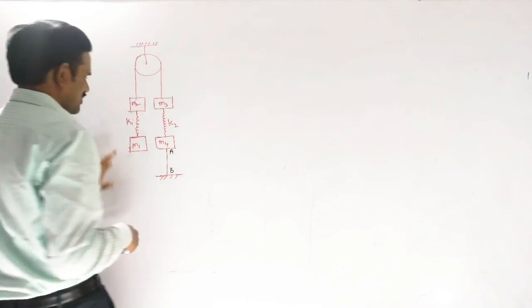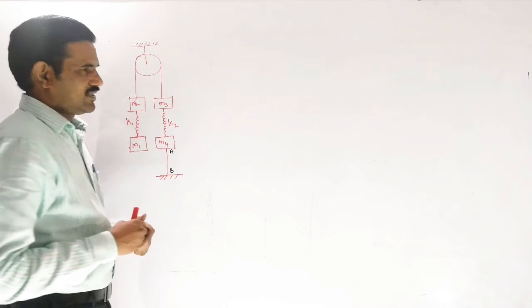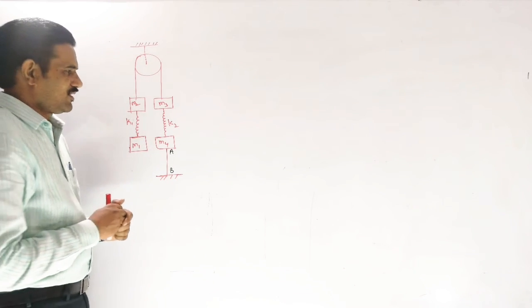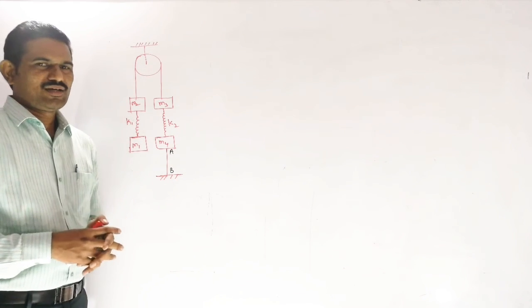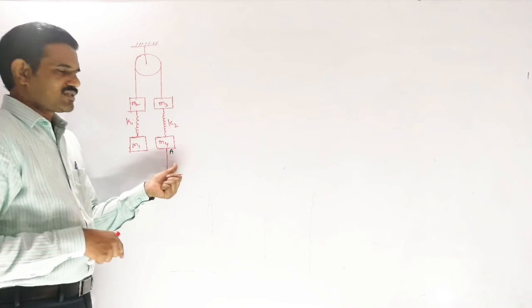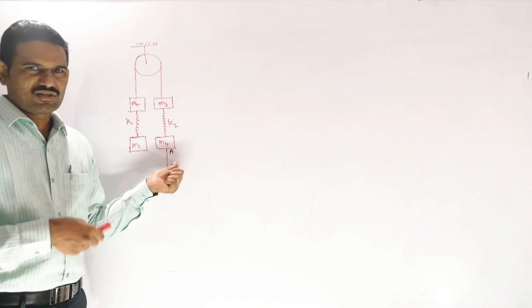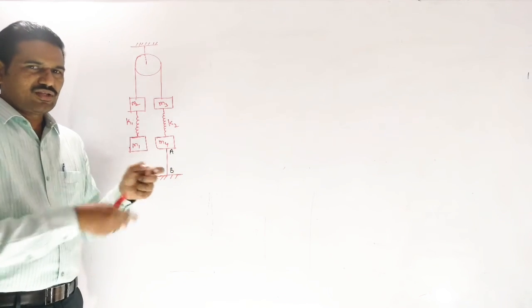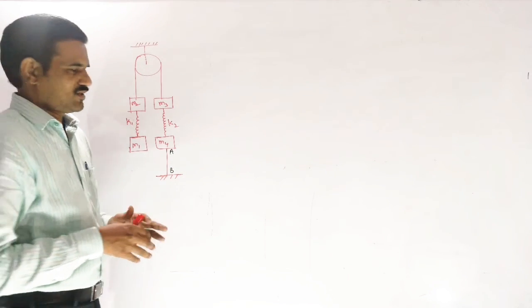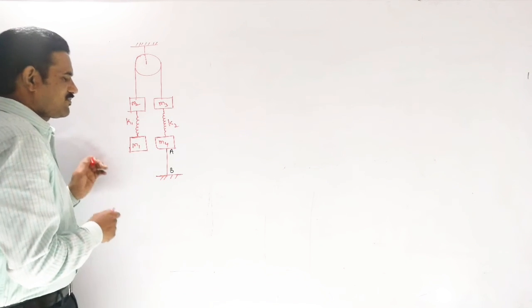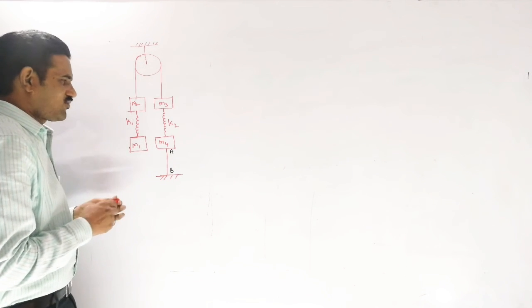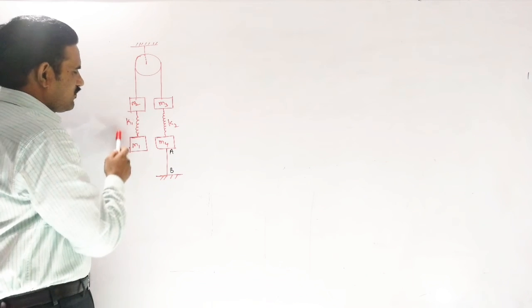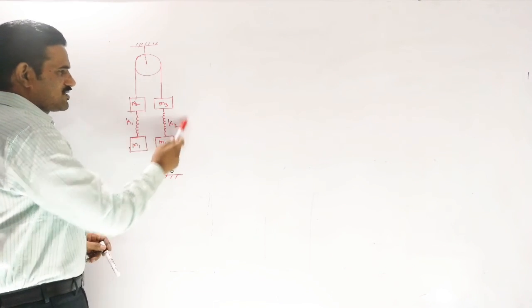This system is in equilibrium, they are saying here. Initially, the string AB is taut, in the sense there will be some tension in it. When there is some tension in the string, the only condition we can write is that the weight of these two blocks must be greater than the weight of these two blocks.